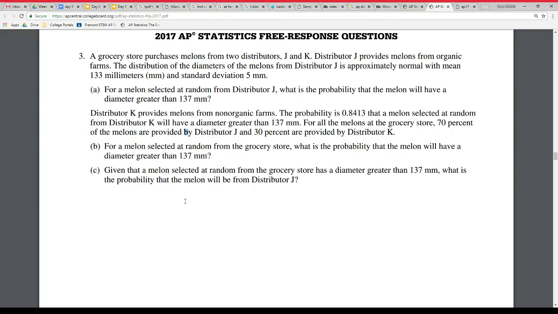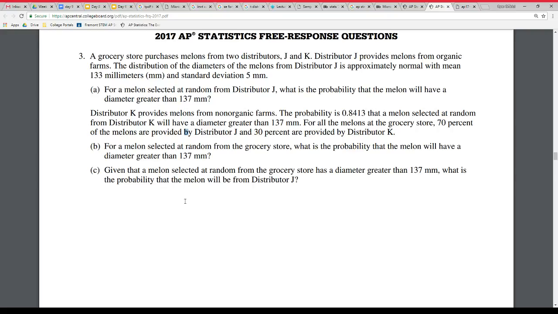And so it's asking, what is the probability that a melon will have a diameter greater than 137? So that'll be probably around here. And it's greater than, so we shade the region above. So we have 137, and then mean and standard deviation.